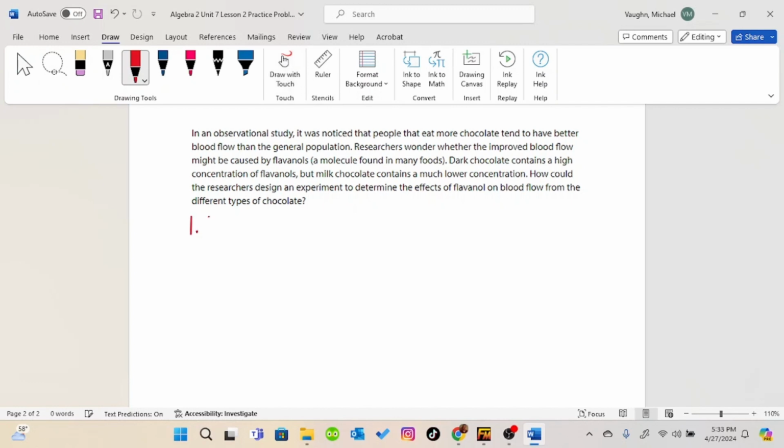So, number one, select similar participants and assign them to groups randomly.